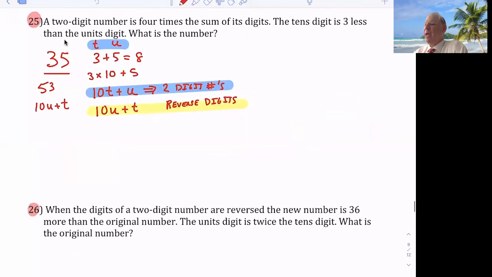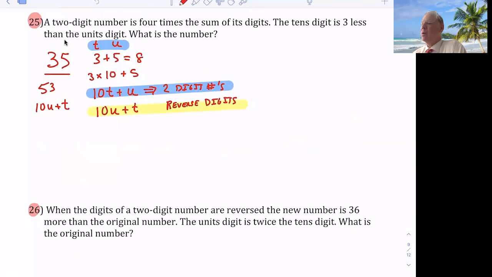So here, a 2-digit number is 4 times the sum of the digits. So how do I write a 2-digit number? 10t plus u.